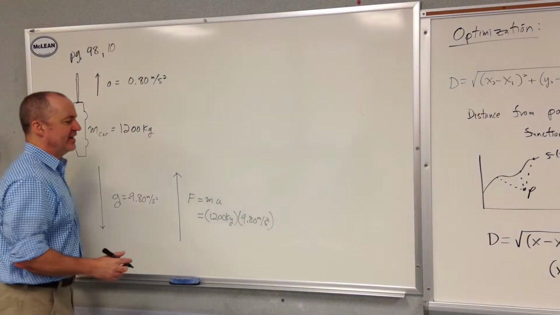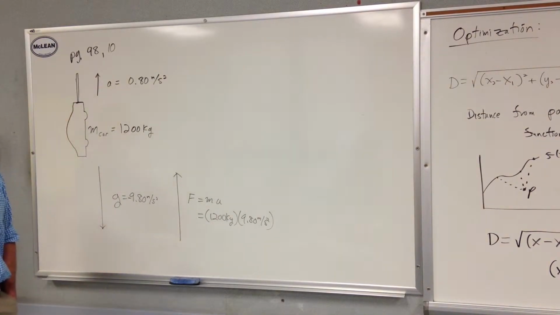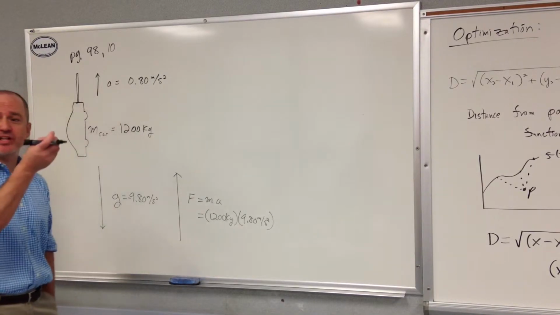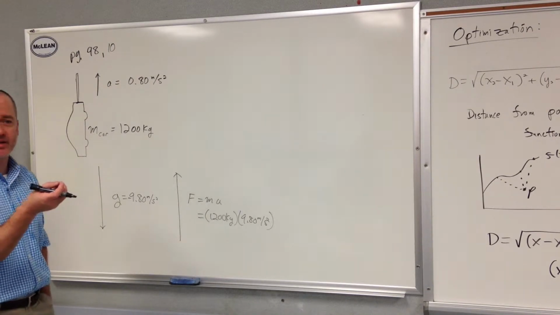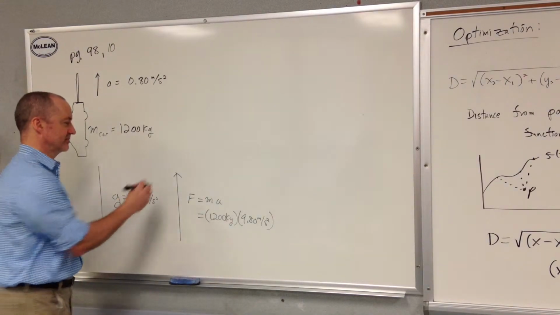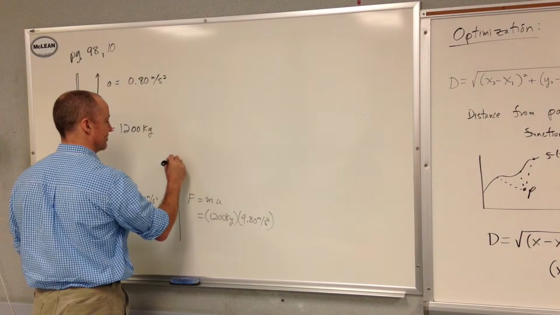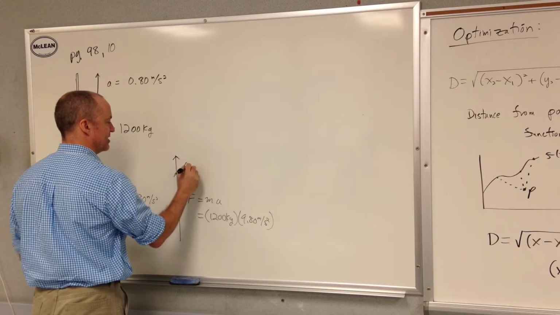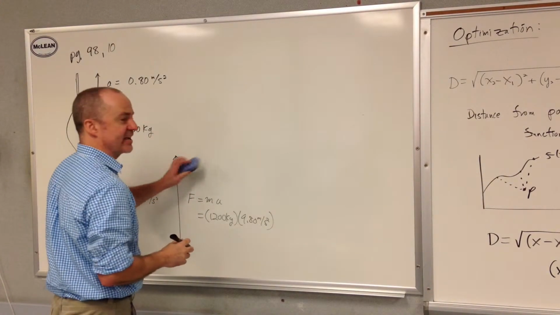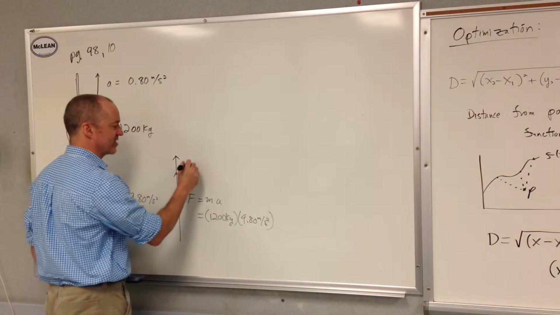Okay. In addition to that, what else would we like this rope to do besides just fight gravity? Hold up the car. Pull the car up. Not only that, but with an acceleration, not even at a constant speed. So you gotta add 0.80 meters per second squared to the 9.80. Very good. Now, this is a force vector. I can only add a force vector to another force vector.